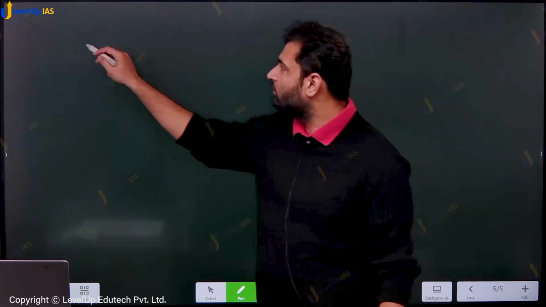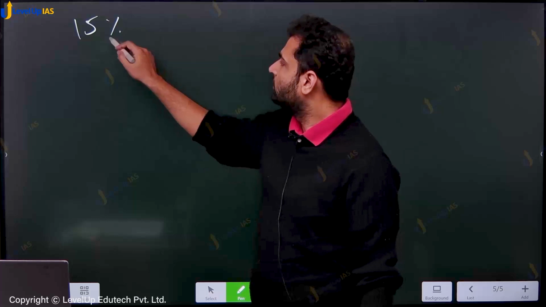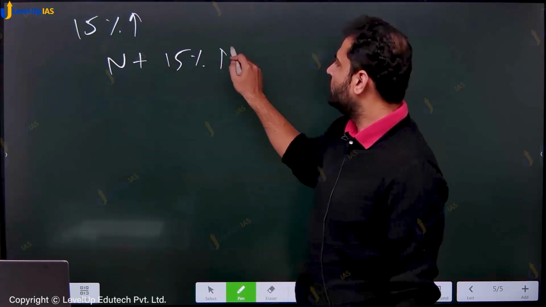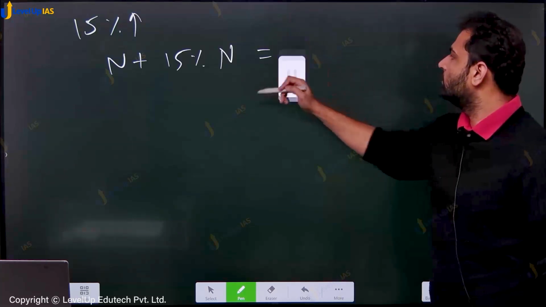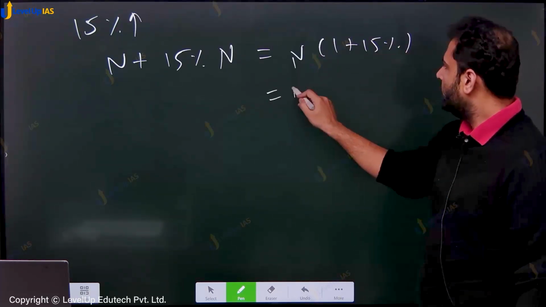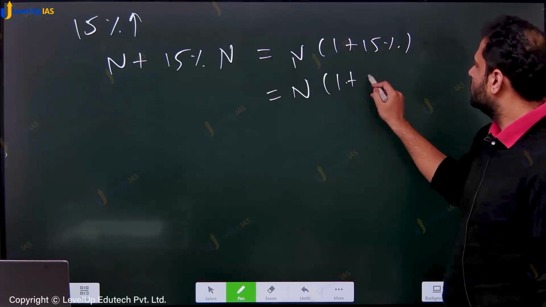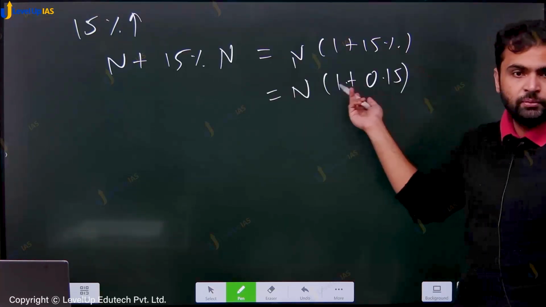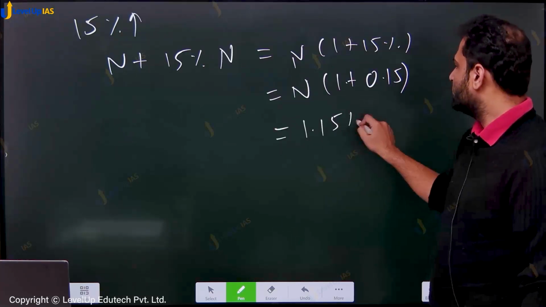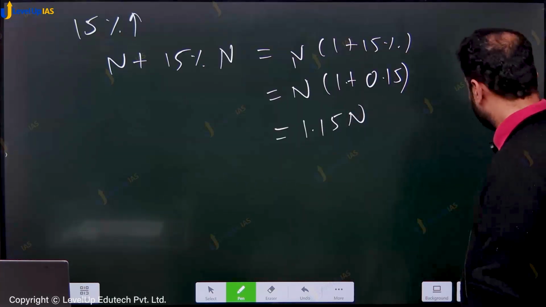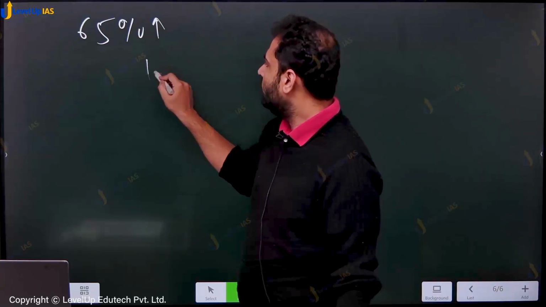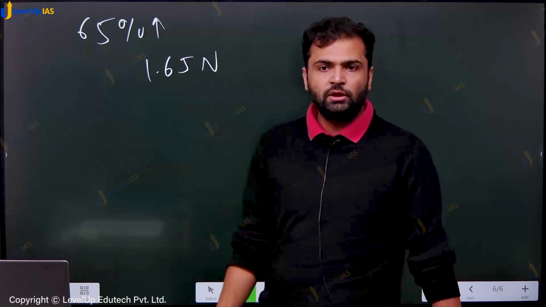Instead of 10%, if we have a 15% increase, then the number becomes n plus 15% of n, which is n into 1 plus 15%, that is 1 plus 0.15 because it is 15 by 100, so 1.15 times n. If we have an increase of 65%, we'll have 1.65 times n as the new number.